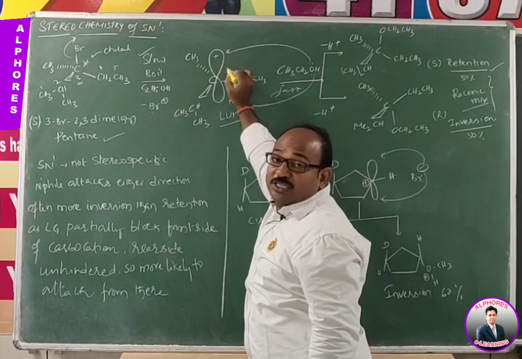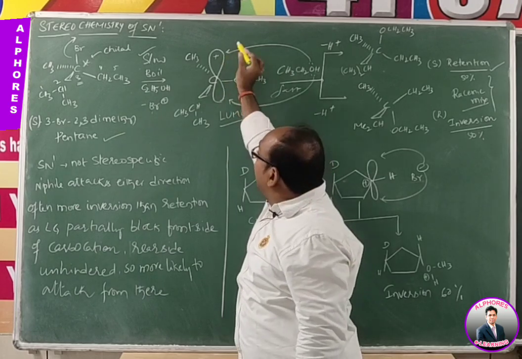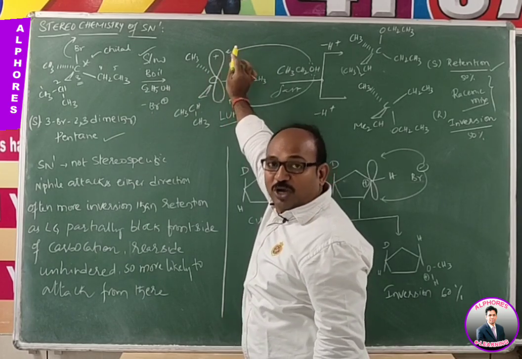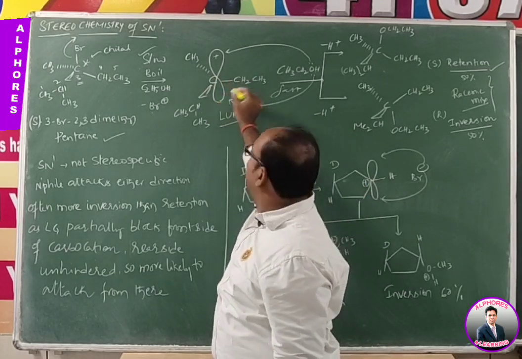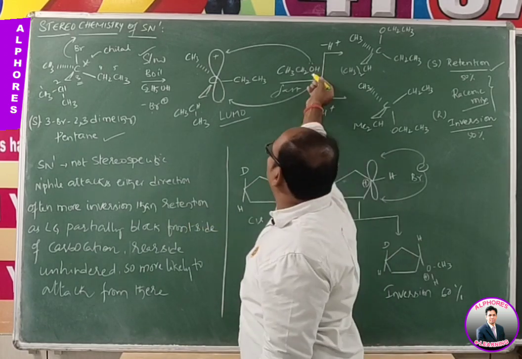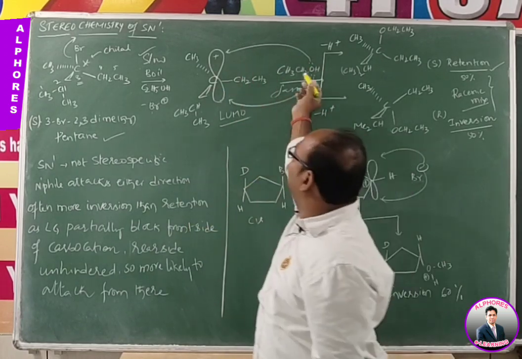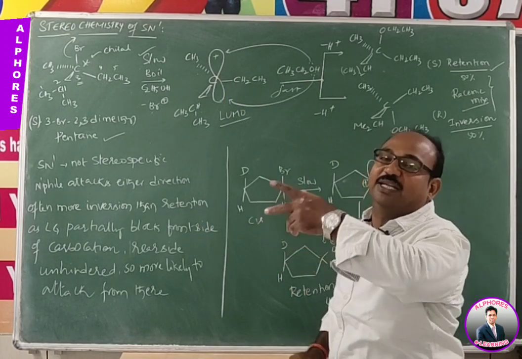Here this is a pure p orbital, which earlier had an electron. Right now there is a positive charge, meaning there is no electron. It is an empty p orbital, and these three groups lie in the same plane. Now the approaching nucleophile attacks either from above the plane or from below the plane. It can approach from either direction.